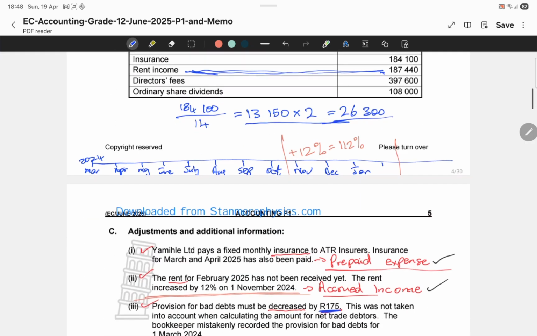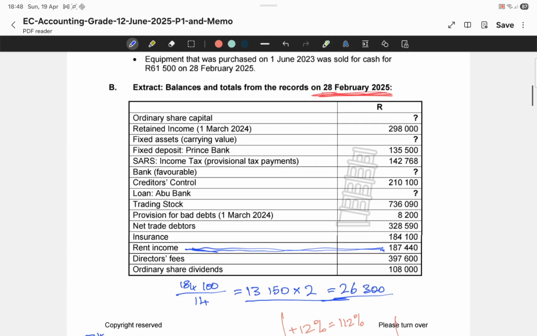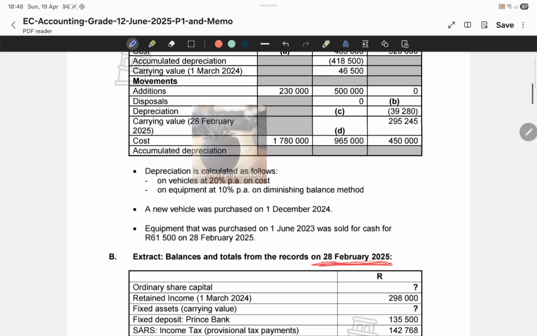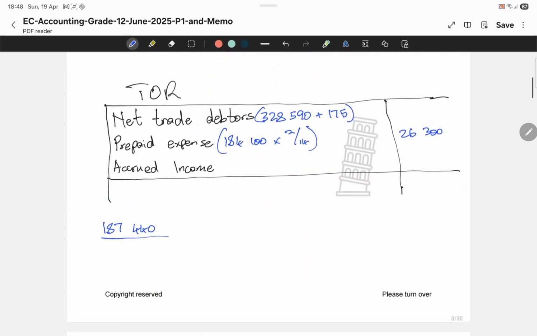And bear in mind, they said the rent for February, the last month of our financial year, has not yet been received. Okay, it means that this amount of rent, the 187,440, is for 11 months from March 2024 until January 2025. That is 11 months. Okay, now you can say in brackets 11 months.